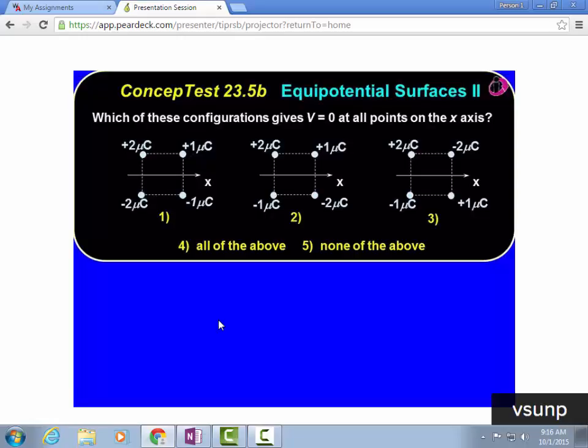Well, because all points of the x-axis on number 1, the 2 and the negative 2 are going to be equal. Yeah, exactly. Whereas for instance, you see this diagonal. If you put a point here, it's closer to this than that. So it's definitely 1.